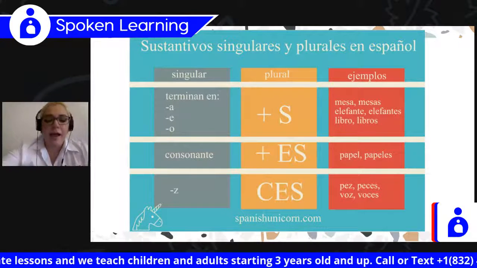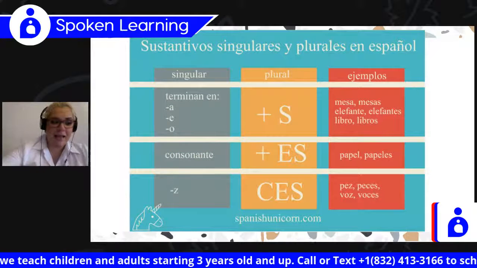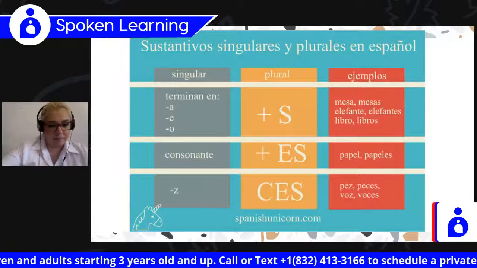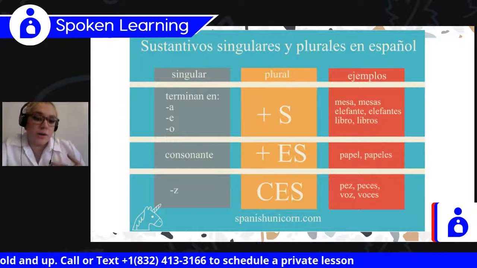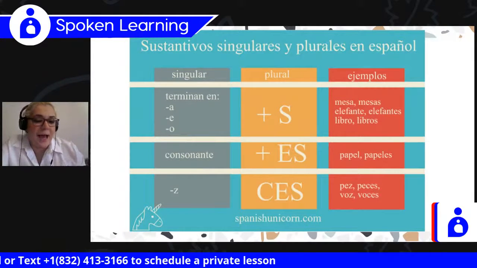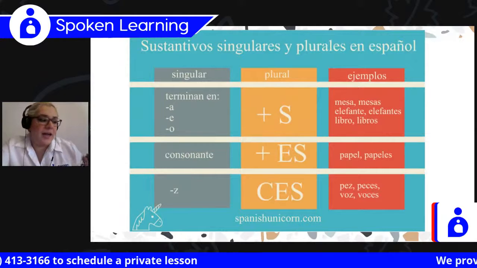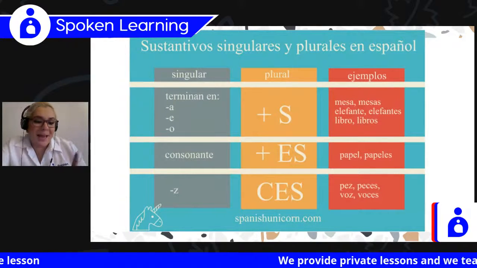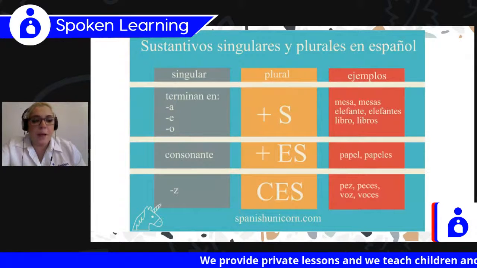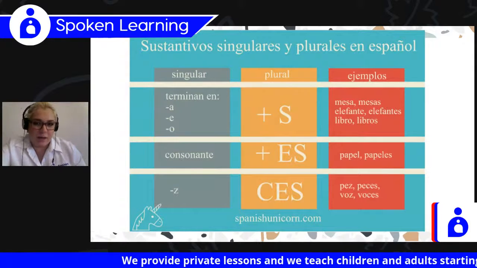But for words that end in a consonant, instead of putting an S, you are going to add ES, okay? Like the example, papel, that means paper, papeles, okay?